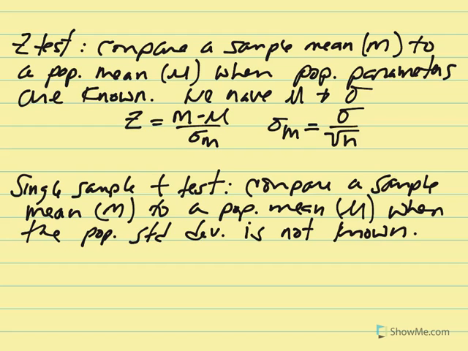So again, it differs from the z-test because we don't have access to all the population parameters. In particular, we would have the population mean, but we would not have the standard deviation of the population, so we would have to estimate that.